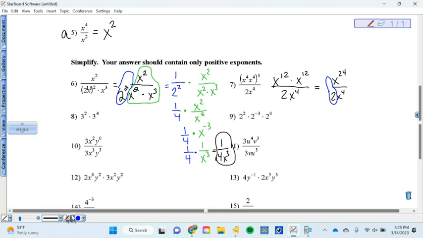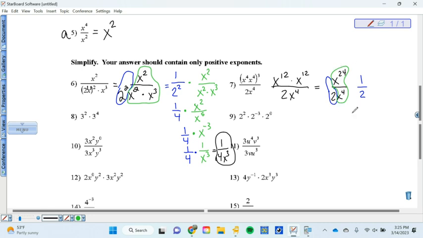But from here, I'm going to split this up into two different bases. So I've got my 2, and what is the 2 underneath? I've got 2 in the denominator, so 1 over 2. And then I have x to the 24th over x to the 4th. What do I do when I divide with exponents? Subtract.